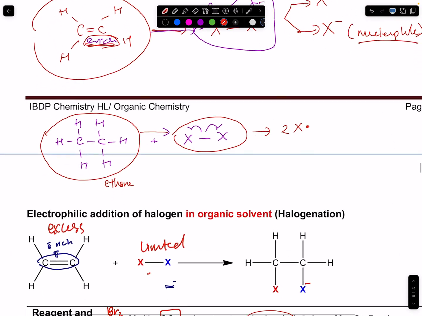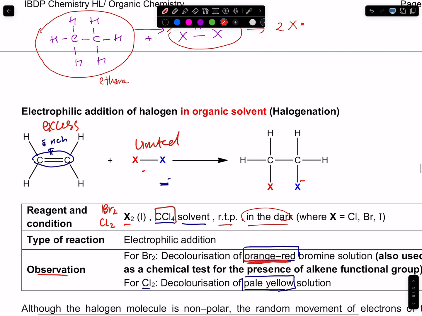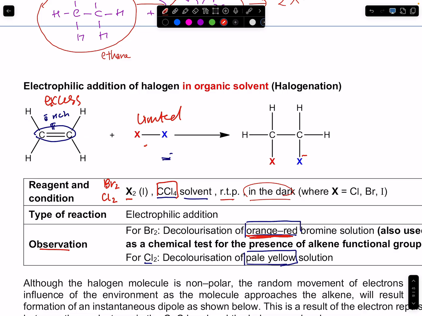Now let's move on to the next page, shall we? So, on the next page, you'll be able to see that this time round, we're not dealing with XY, we're dealing with XX, just like a halogen.